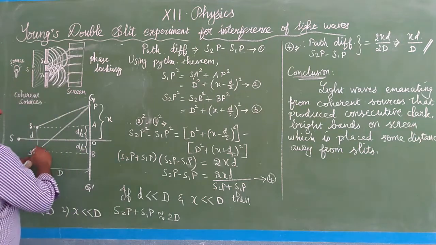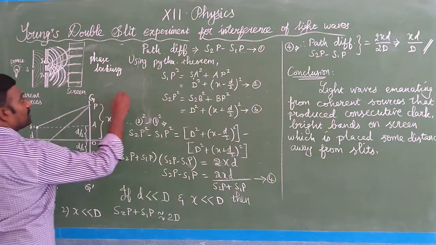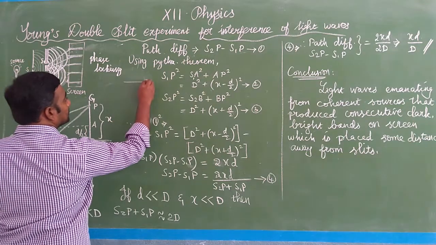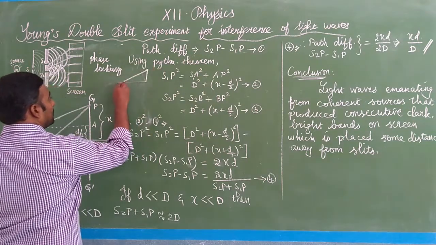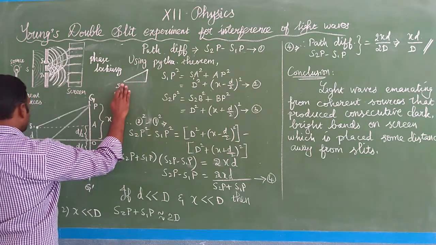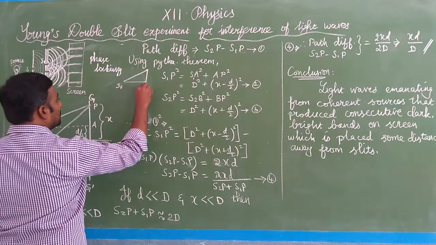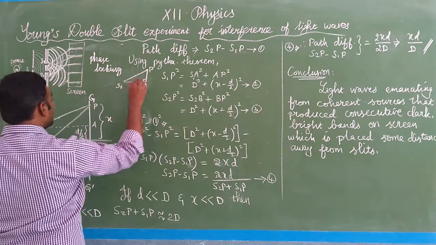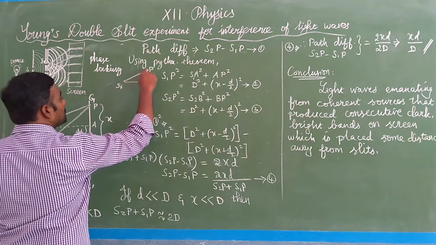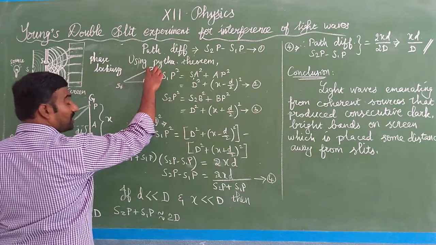First we want to determine S1P. Take the right angle triangle S1AP. In this right angle triangle, S1P square is equal to S1A square plus AP square.